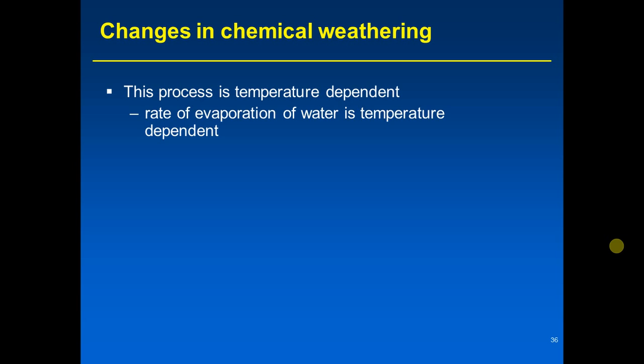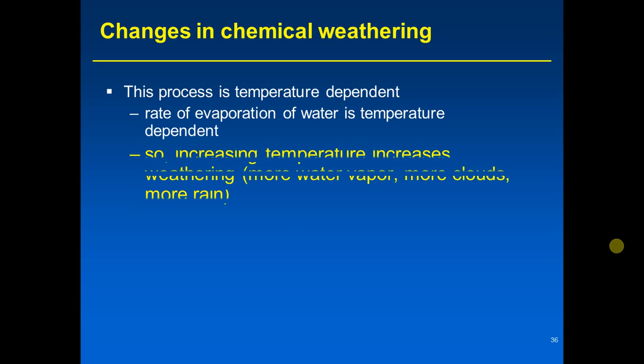And if you have more clouds, you could expect more rain. So increasing temperature increases chemical weathering because you have more evaporation, more water vapor in the atmosphere, more clouds, and more rain. And with more rain, you have more water, what you need to combine with the carbon dioxide to form carbonic acid to start chemical weathering.